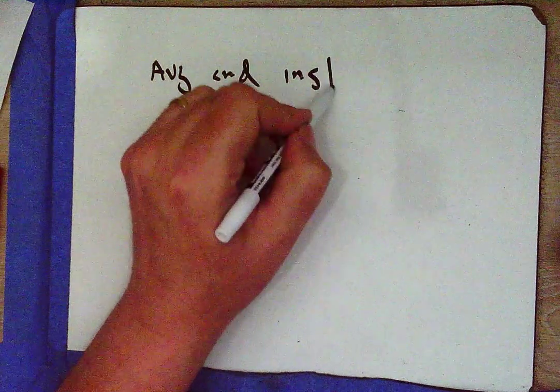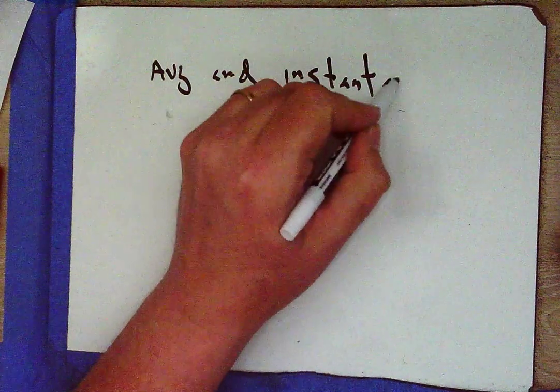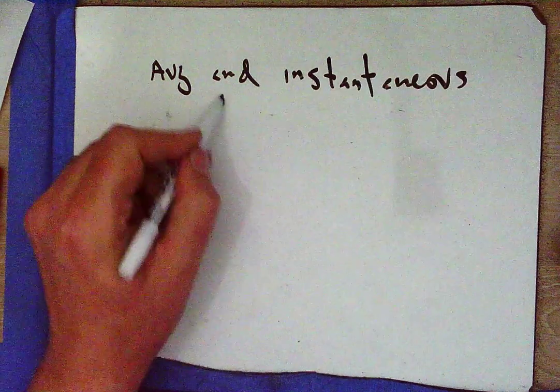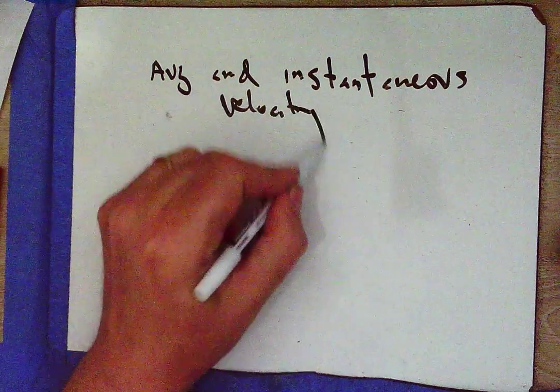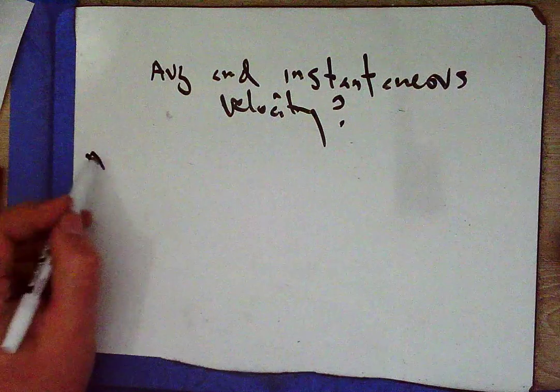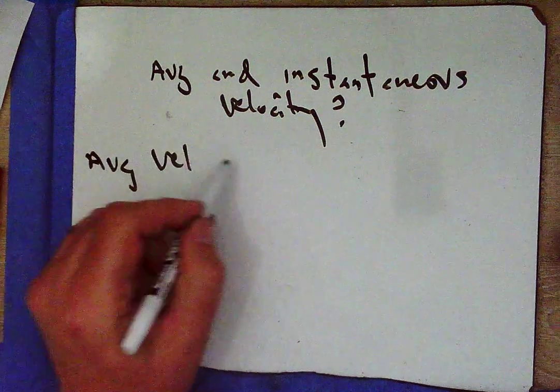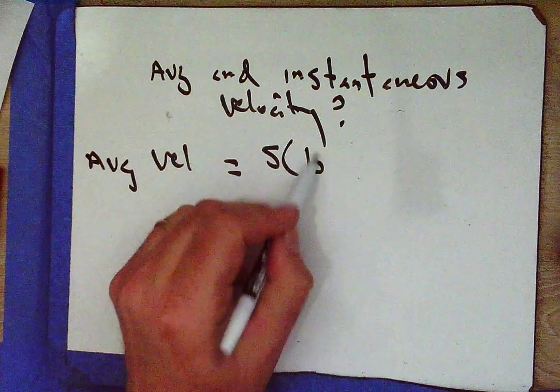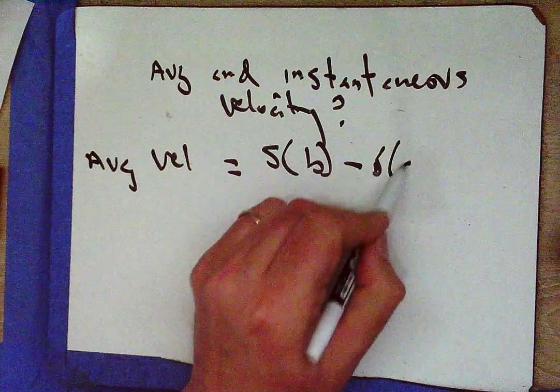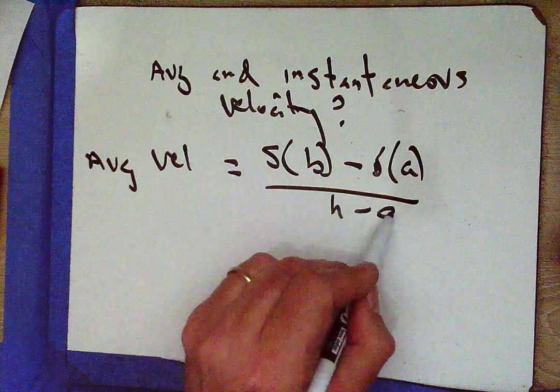So, wow, we covered a lot of stuff today. Can you remember what's the difference between average and instantaneous velocity? Well, average velocity, we said, was going to be s of b minus s of a over b minus a.